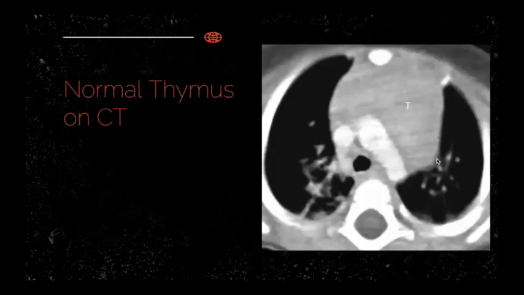So just a sneak peek of a normal thymus appearance on CT. This is the arch of the aorta, and this is the thymus. As you can see, it is very homogeneous and it can be iso-dense to the adjacent muscle. Whenever you are in doubt, ultrasound is a good adjunct tool to see whether there is any mediastinal mass or it is a normal thymus.